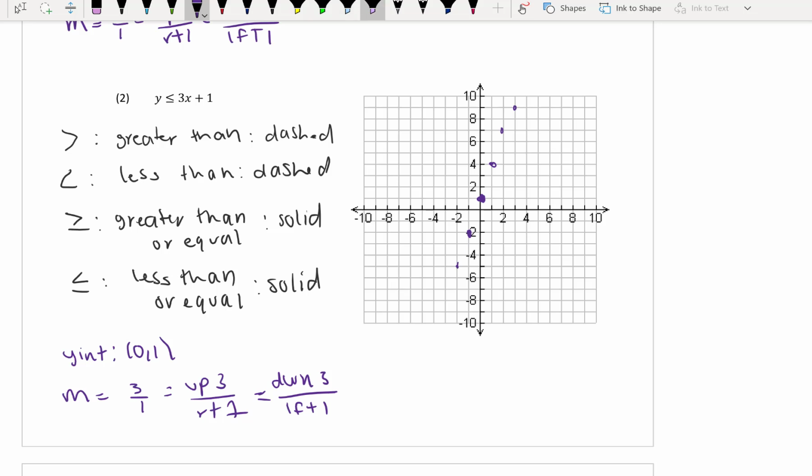And since my line here is or equal to, it's less than or equal to, that means I'm going to have a solid line.